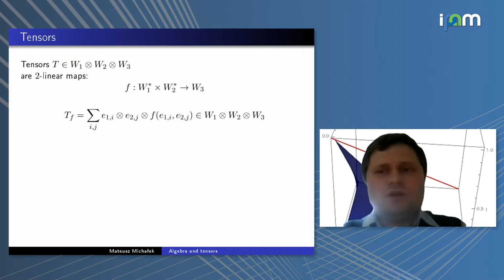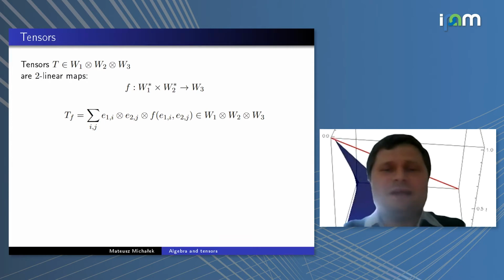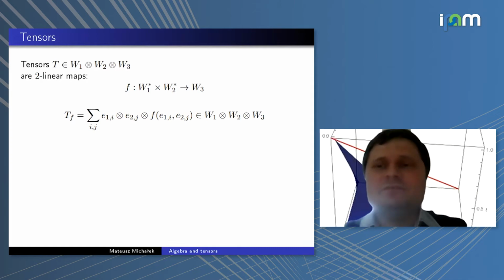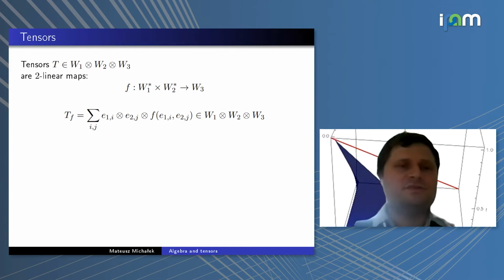And if you would like a different notation for such a bilinear map, namely using the usual mathematical notation for a tensor, if you're given a map F, the tensor in the triple tensor product is just given by this formula below. So you have to look where pairs of basis vectors are mapped to through F, and like that you obtain a representation of your tensor.